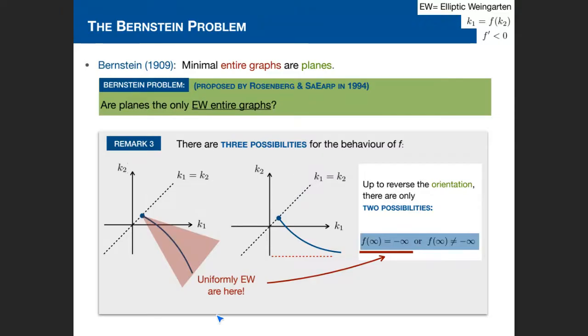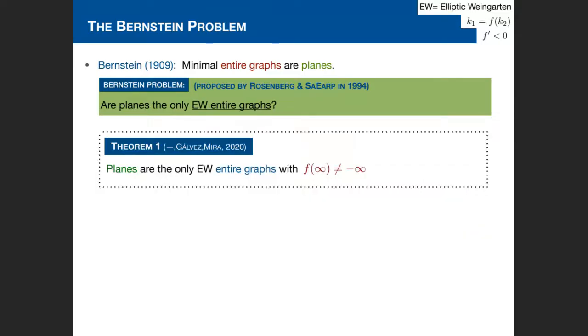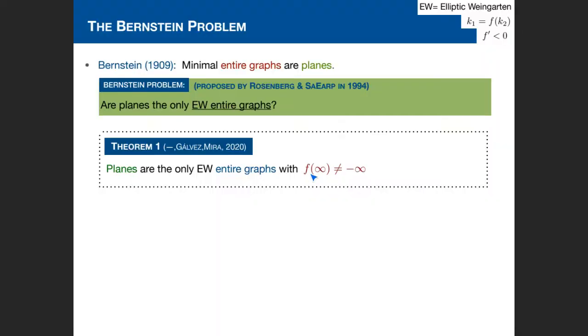Okay, so our contribution to the Bernstein problem is this theorem that you have here. In the case where f is bounded at infinity, then you can answer affirmatively the question we posed. So planes are the only elliptic Weingarten entire graphs when f is bounded at infinity.